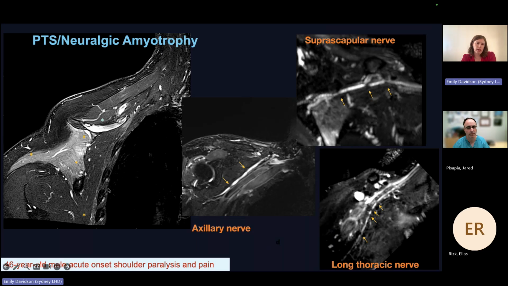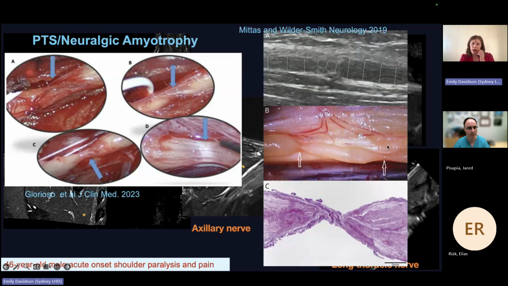So the astute one here will notice that actually serratus anterior is also affected. So we had to go and specifically hunt the long thoracic nerve here. And we can see these constrictions. Now the constrictions are actually focal gaps in the nerve, and it's caused by this twisting of the outside layer of the nerve, and this corresponds to what we're seeing on the imaging.